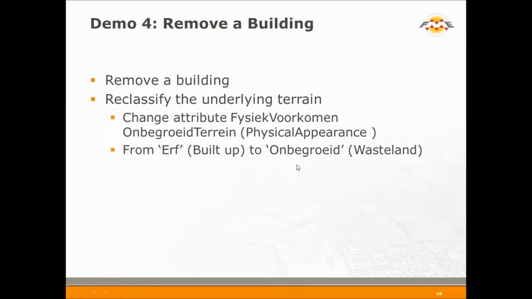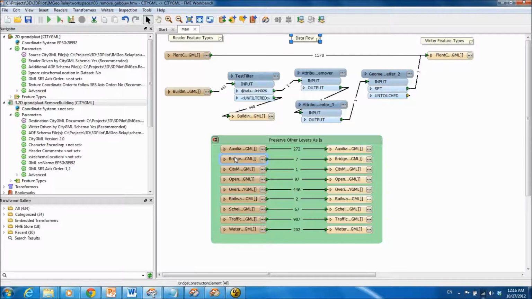In this demo, we're going to remove a building and then reclassify the underlying terrain to wasteland. To do this, we have a relatively simple workspace. We just read plants and the other feature types.